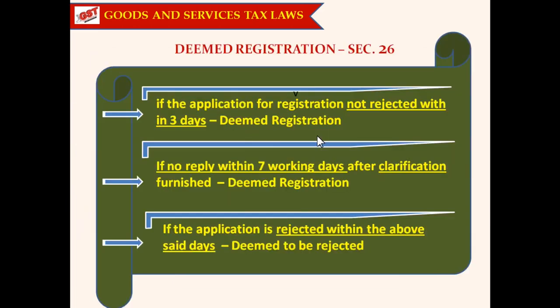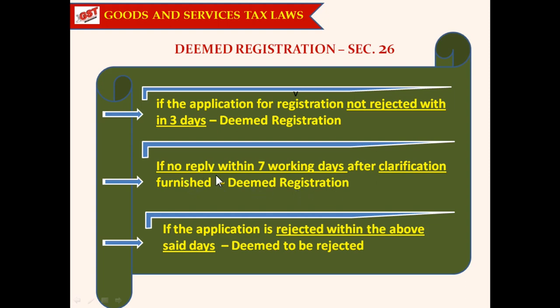And section 26 deals with deemed registration. We'll see what is meant by deemed registration. When the application for registration is not rejected within 3 days, then it is considered as deemed registration. And if you are asked for any clarification by means of a show cause notice, then you have to reply.